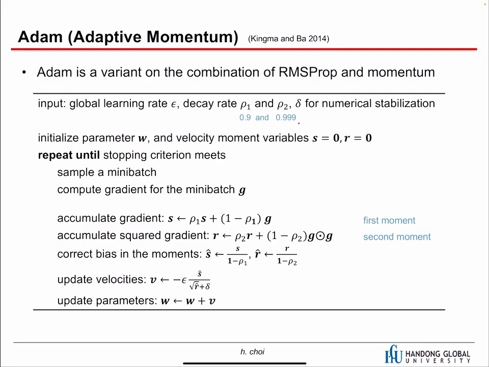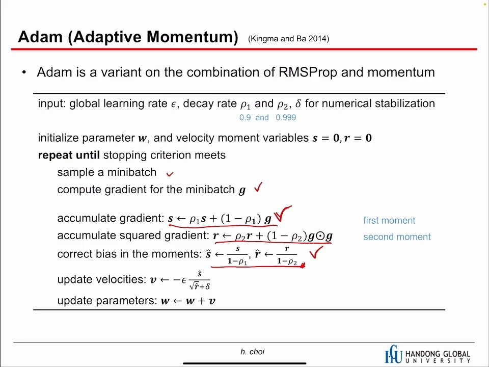Take a mini batch and calculate the gradient. In this case, it's not the Nesterov accelerated gradient, it's a simple gradient. Then we accumulate the gradient and accumulate the squared gradient. This one is the same as RMSProp, but this one is slightly different. And then we correct the bias in the moments.